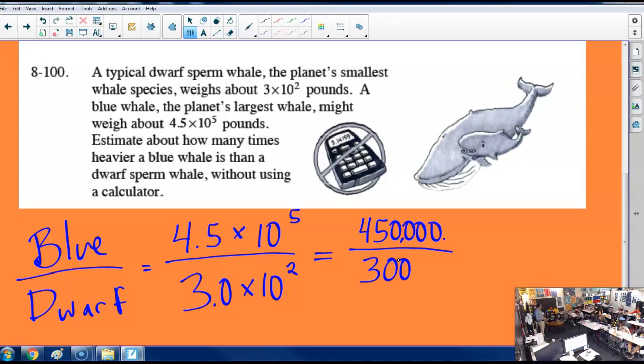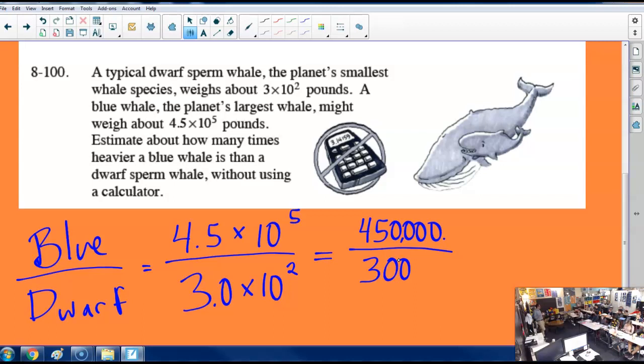And that's where Simon was like, wait, this has to be wrong. Simon, what did you first think 3 times 10 to the second was? But also, this picture is incredibly inaccurate. Well, you are correct. It's hard to make accurate pictures of things like this. Also, what does a blue dwarf whale really look like? It's not blue dwarf. It's dwarf sperm, and sperm whale is its own type of whale.